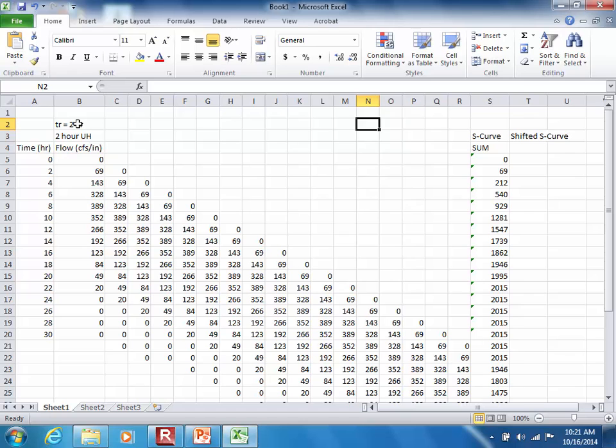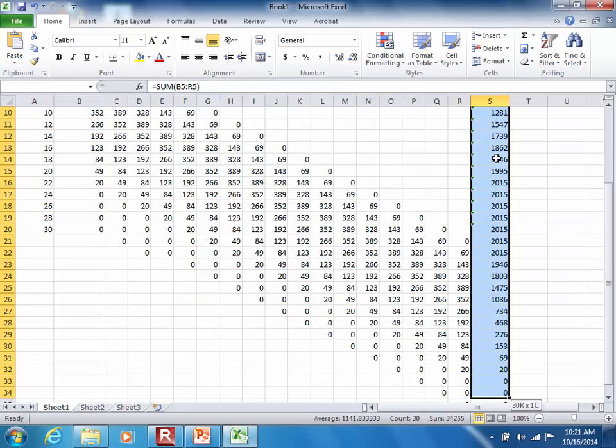And then T prime R, which is the desired duration, is 4 hours, just for reference. So we have the S-curve, and now we need to shift it by 4 hours in this next column.